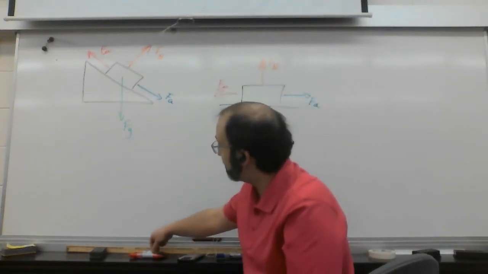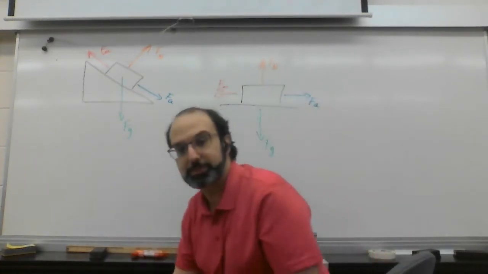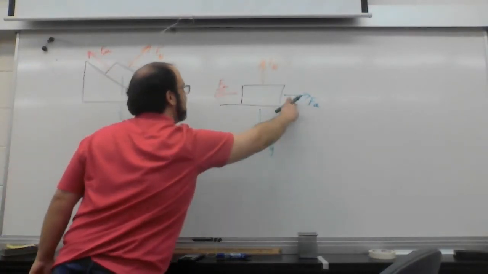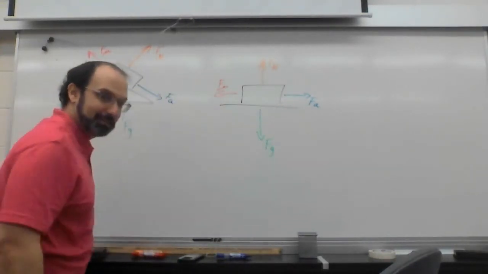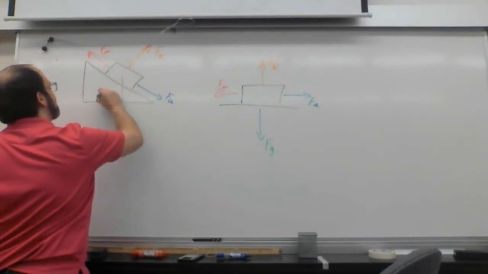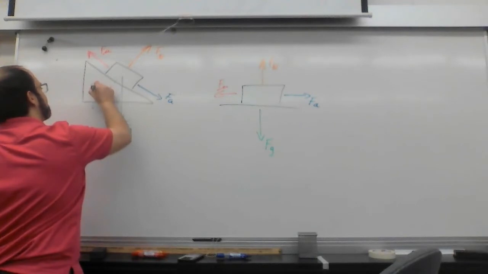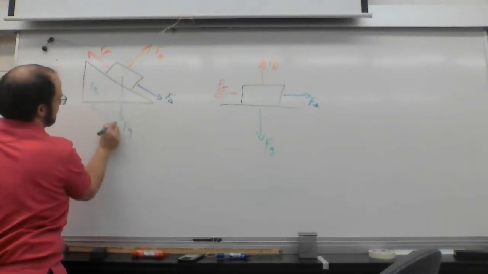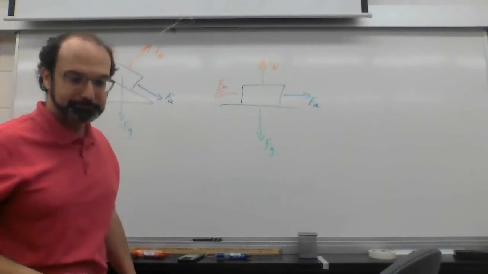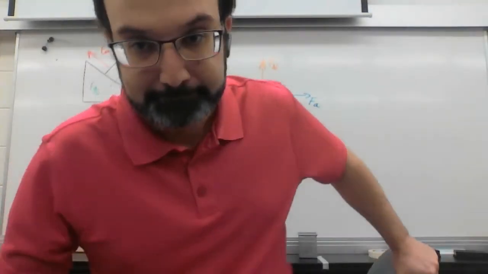And what this means for our purposes is that all of these guys up here are exactly the same as these 3, but FG is going to be different because now FG has an FGY and an FGX. There we go.